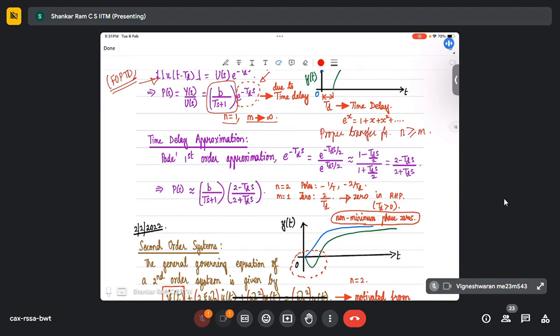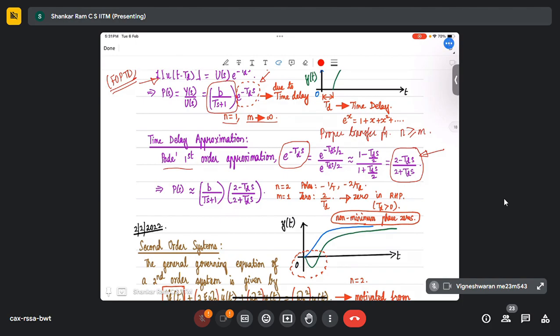So consequently, we need to do some approximation of time delay, and a common approximation of time delay is what is called as Padé's first order approximation, where we write this factor e power minus TDS. I have given a very intuitive notion of it, but Padé's first order approximation is 2 minus TDS by 2 plus TDS.